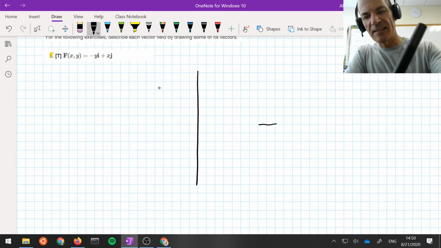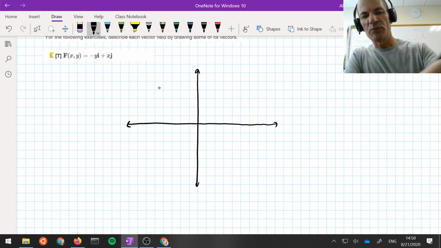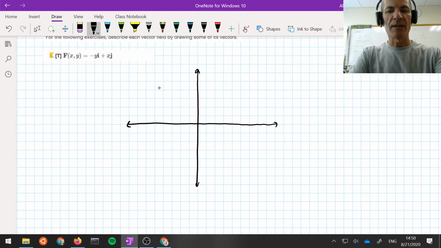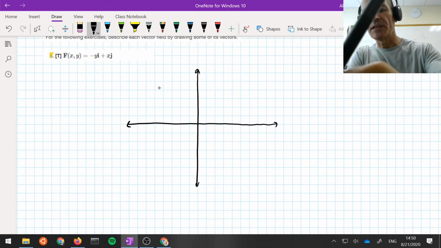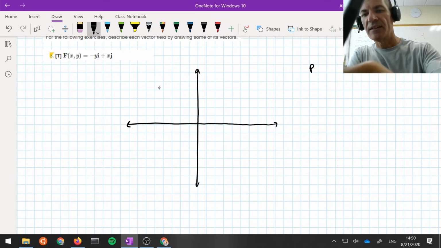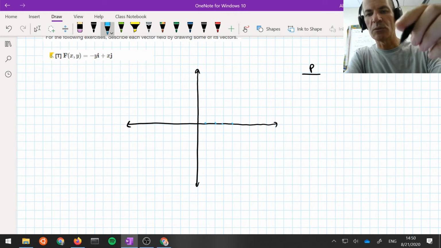I think it helps you really get a grip on what a vector field is: the idea that a vector field is a function that assigns a vector to every point in space. That said, there are no easy ways of plotting these things. You just have to go point by point like you did back in maybe 8th grade. So we have a point, and I'm just going to go along and do a few rows of points, and then we'll just call it quits.